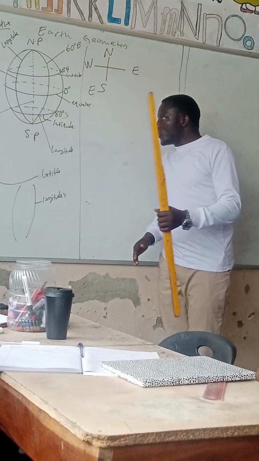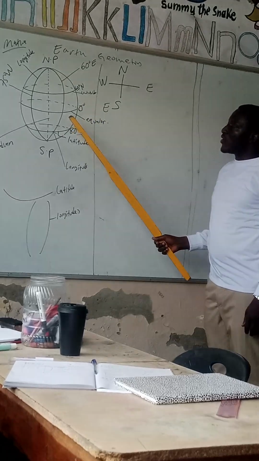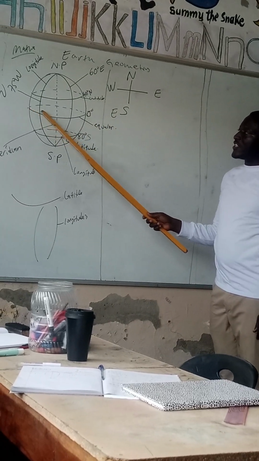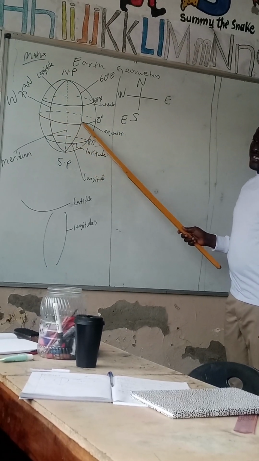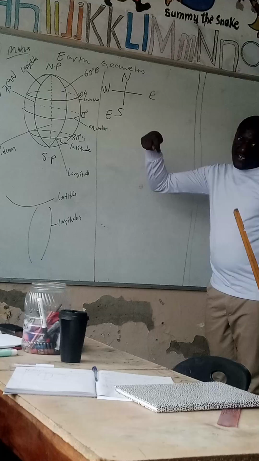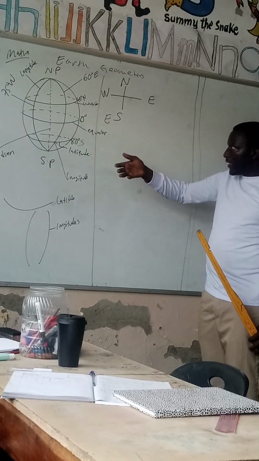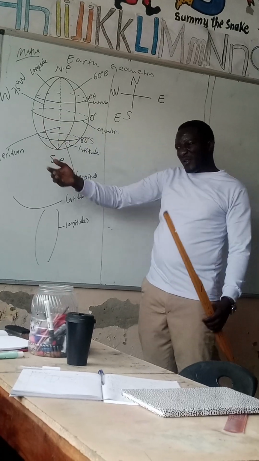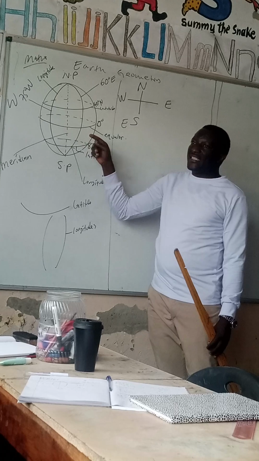Now it will be very difficult to distinguish the two unless we have a demarcation. It's basically a circle going all the way to the other side. For the sake of understanding, you can say a line, but it's not a line, it's a circle.